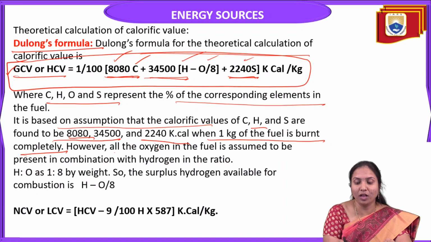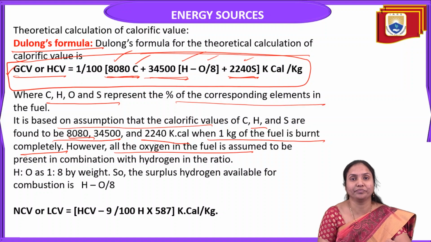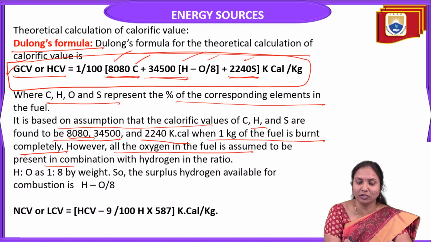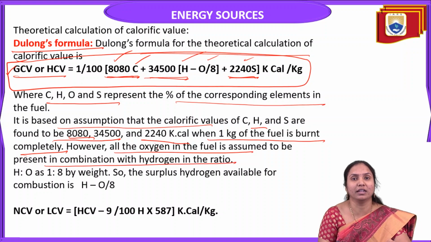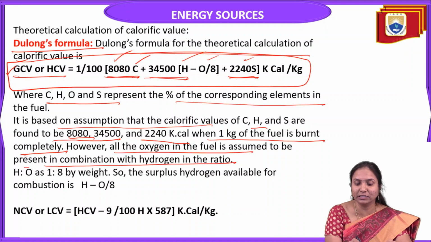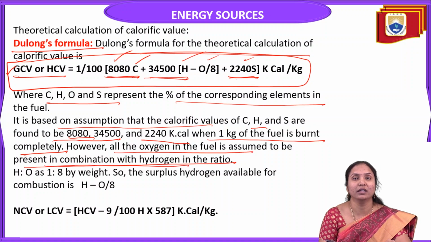However, all the oxygen present in the fuel is assumed to be present in combination with hydrogen in a fixed ratio. Usually we know that during the burning process hydrogen interacts with oxygen and produces steam.